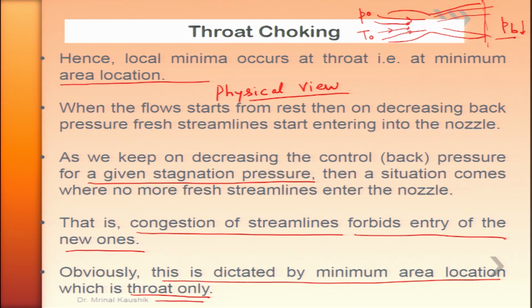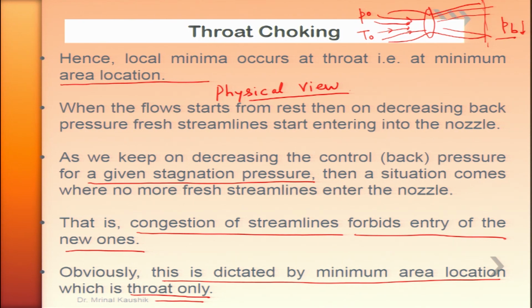In doing this exercise, there comes a state where no more fresh streamlines pass through the duct, because the minimum area location, that is the throat, forbids it.